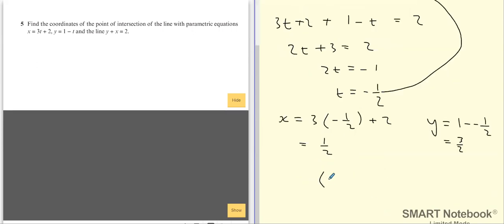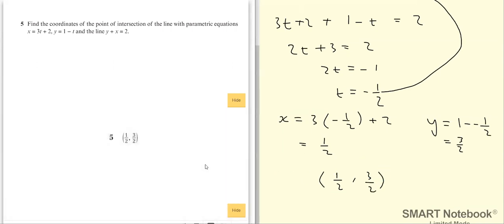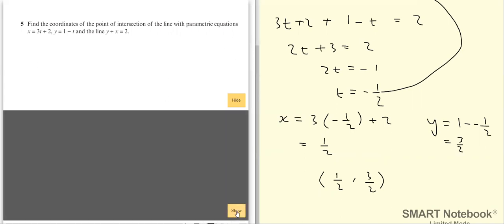And so the coordinates of the linear equation with the parametric equation are half and 3 over 2. Are you happy with that? Does that make sense? Right, okay.